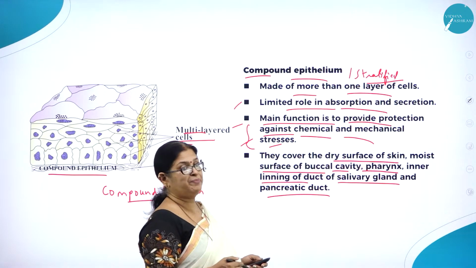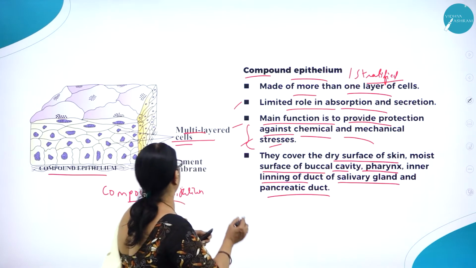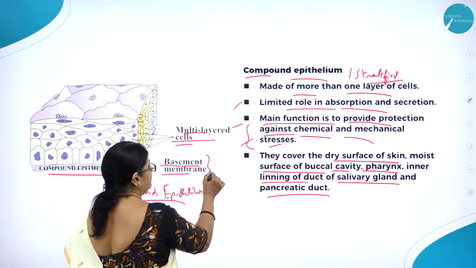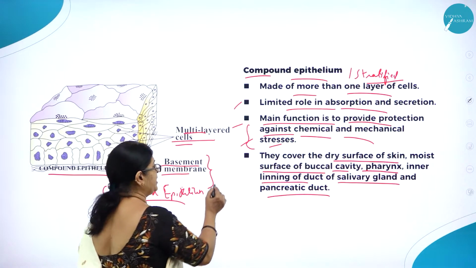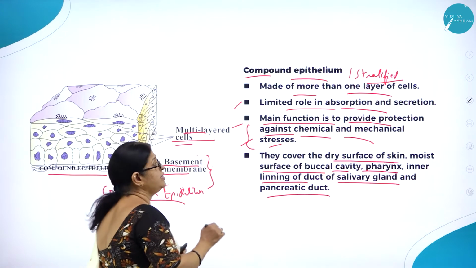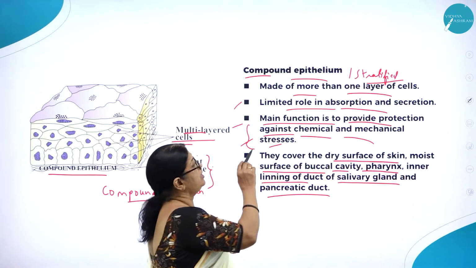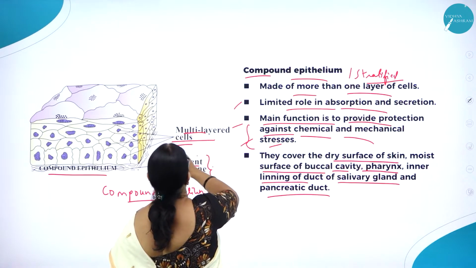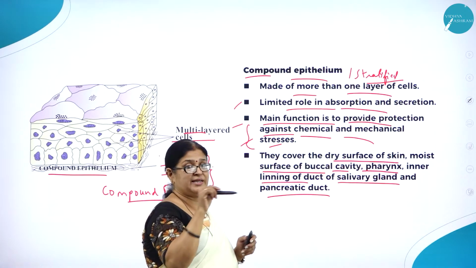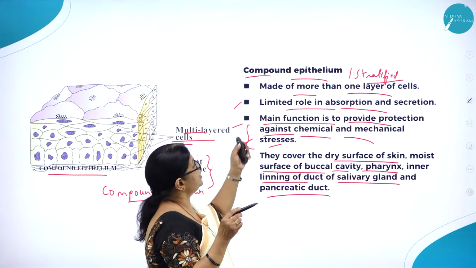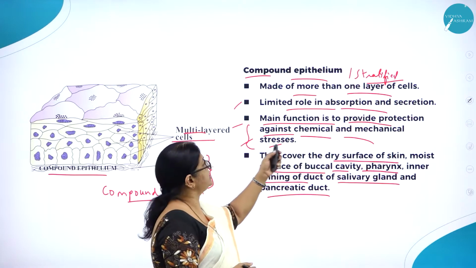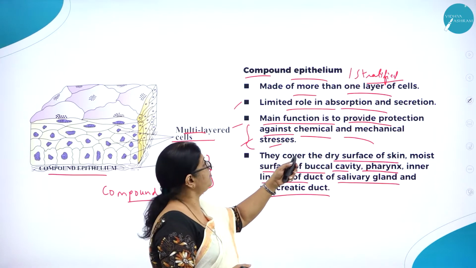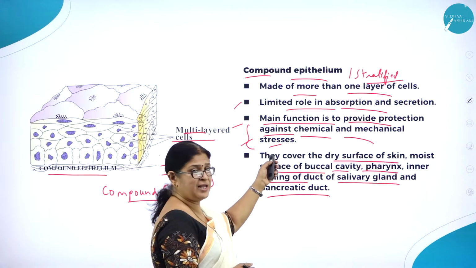So what is compound epithelium? Made up of more than one layer of cells. And as I said, the very important feature of the epithelial tissue is the presence of basement membrane. Here you can see multi-layered cells, whereas there it was only single layered cells in simple epithelium. Limited role in absorption and secretion. The main function is to provide protection against chemical and mechanical stresses.